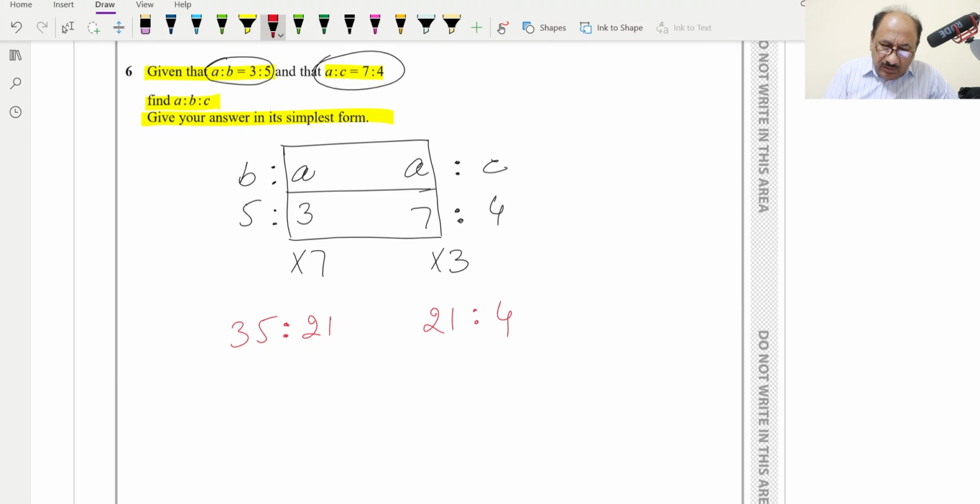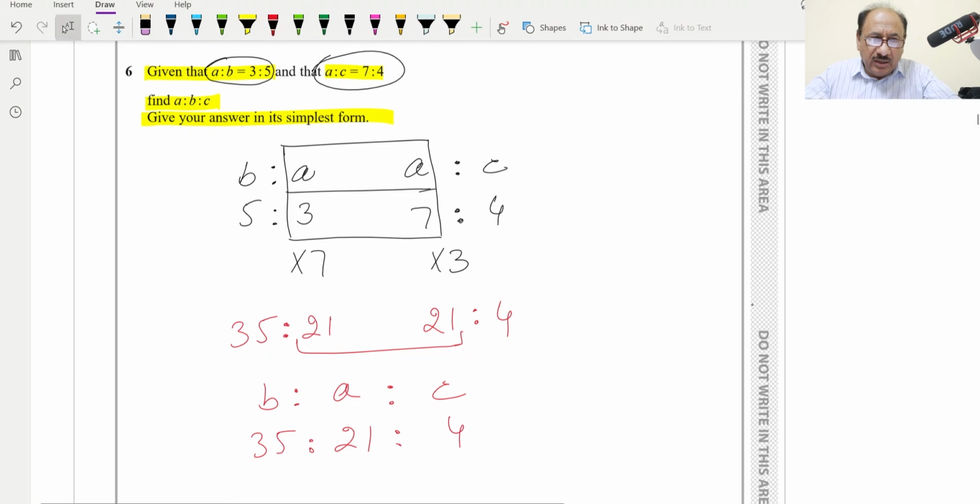So in the middle over here we got 21. Now we can join them. It will be B ratio A ratio C, and it will be 35 ratio 21 ratio 12.